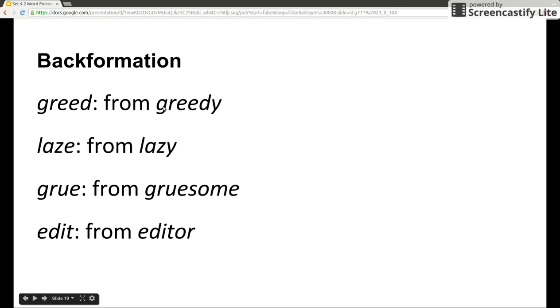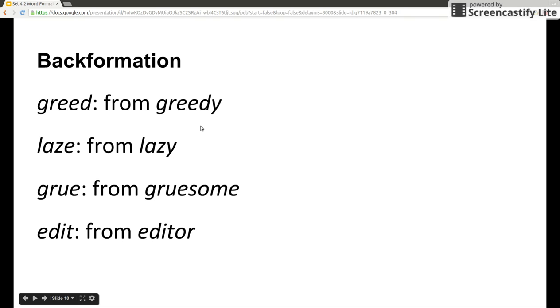So, for example, greedy. Sometimes we think this y would be a derivational suffix for adjective, and we delete this y, and we got greed. So this would be an adjective, and this would be a nominal, a noun.